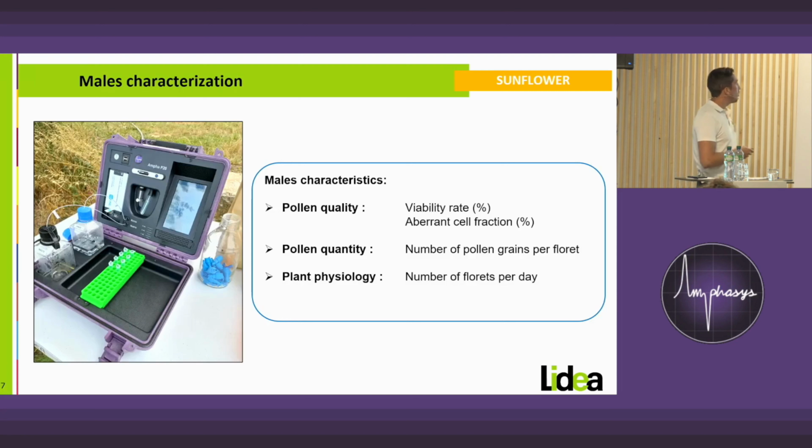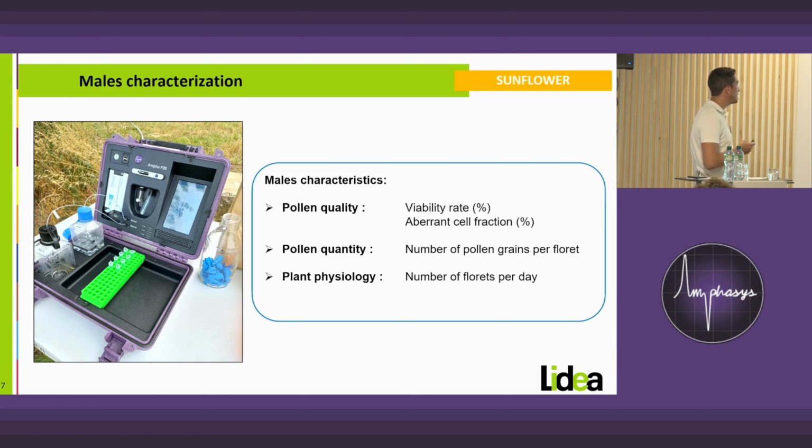So now, what parameters do we want to characterize on the male? The first one, concerning the quality: we will collect some anthers during the flowering, and we will use the P20 algorithm to measure the viability rate of the pollen produced by the anthers and the aberrant cells fraction of the pollen.